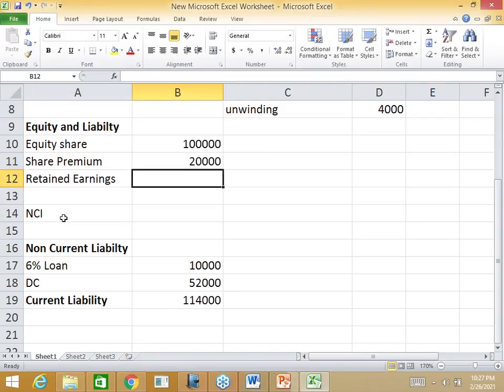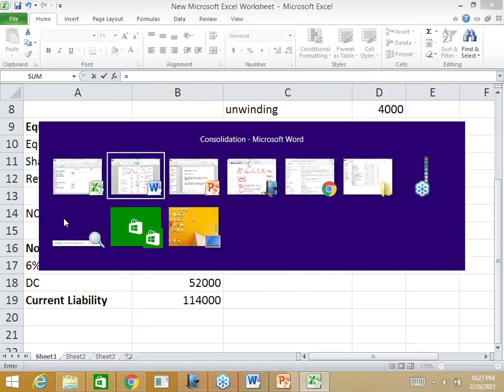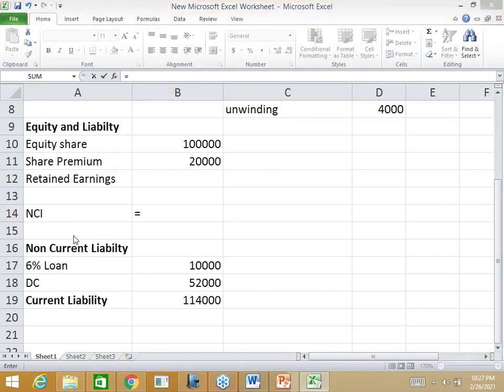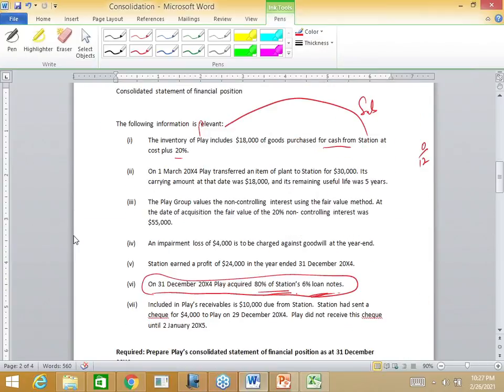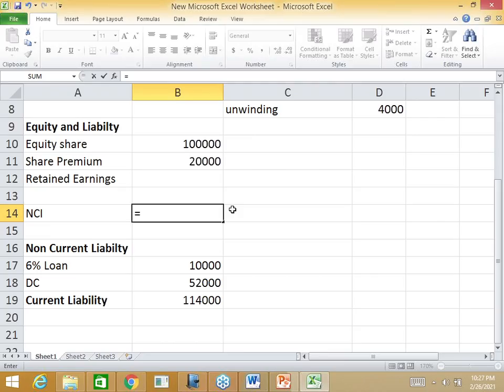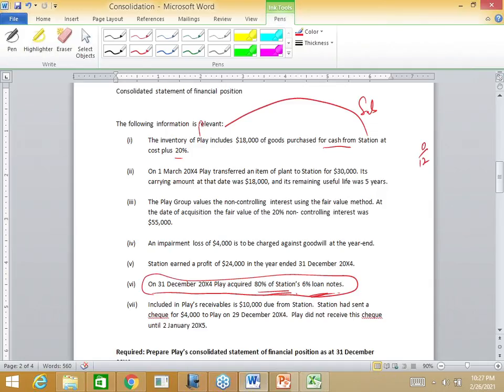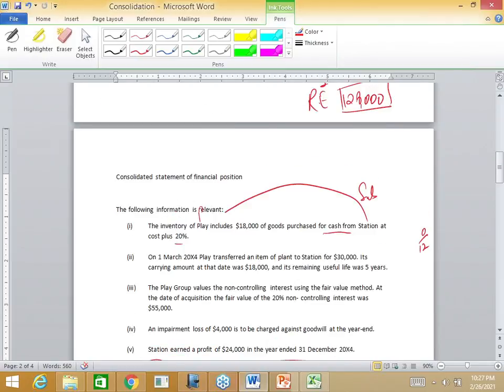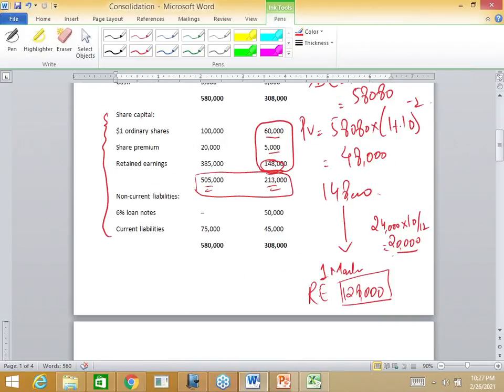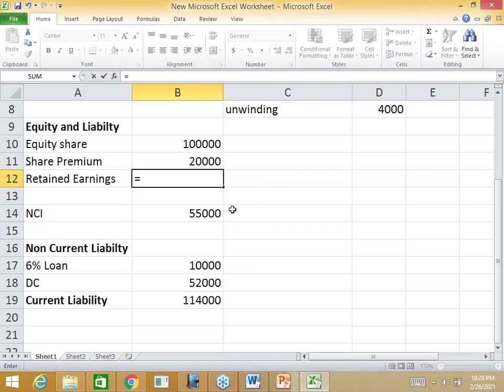So only the retained earnings and NCI are left over. NCI at acquisition is, I think, 55,000. Yes, 55,000. Retained earnings of the parent company should be taken first. It is 385,000.